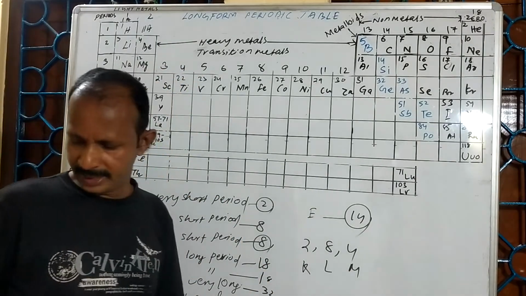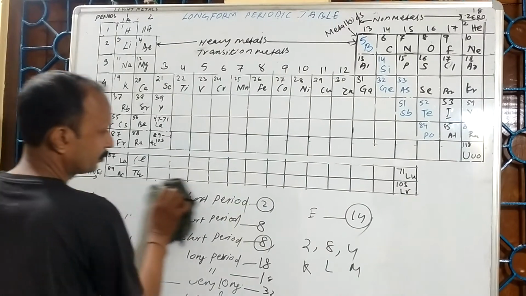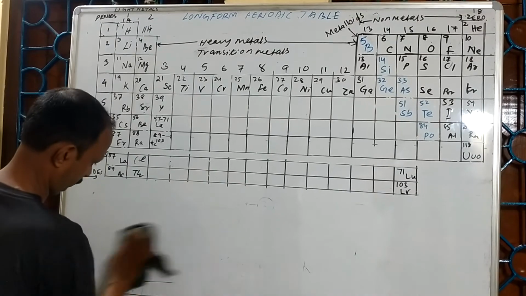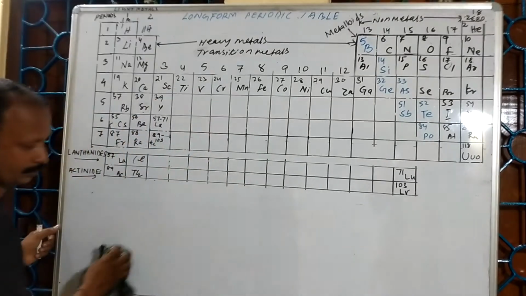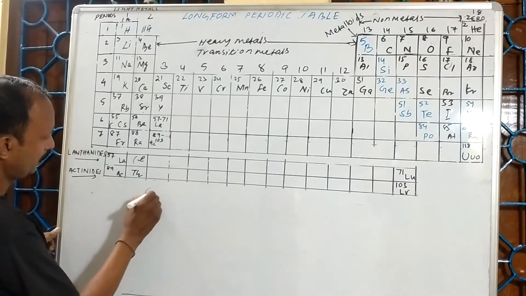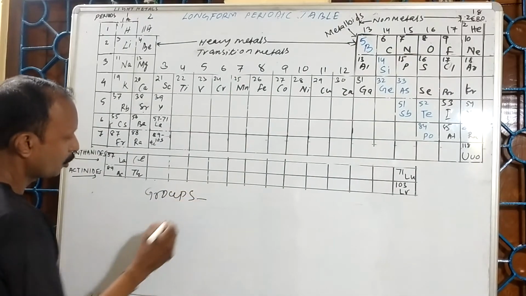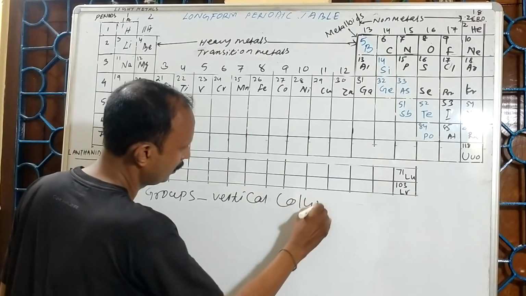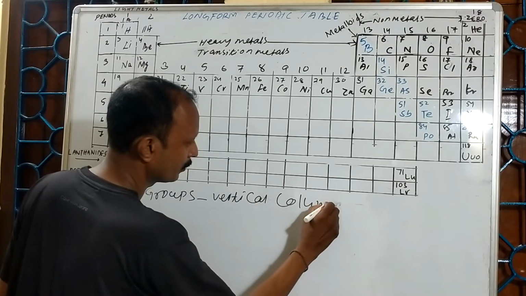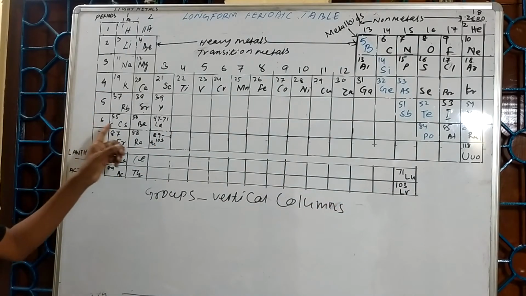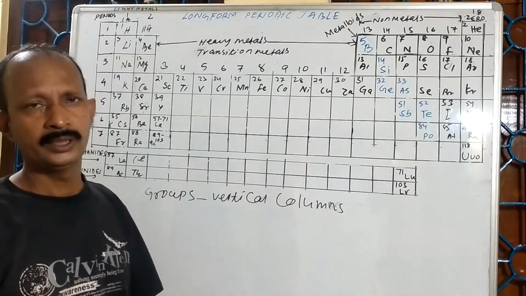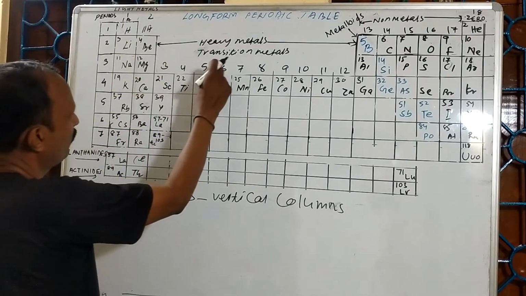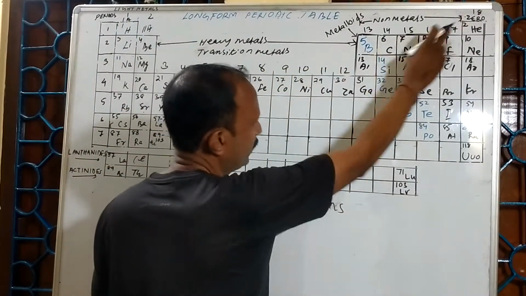Next we'll discuss the groups. Groups means these are the vertical columns. See that there are 18 vertical columns. I have written with Arabic numbers 1, 2, 3, 4, 5, 6, 7, 8, 9, 10, 11, 12 like that.